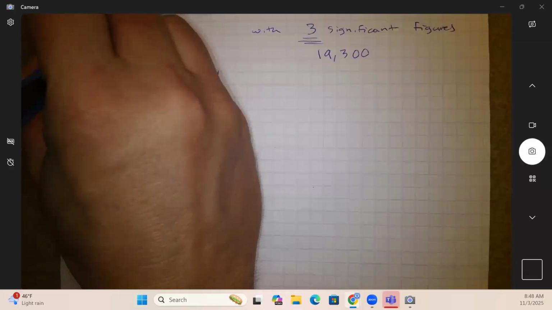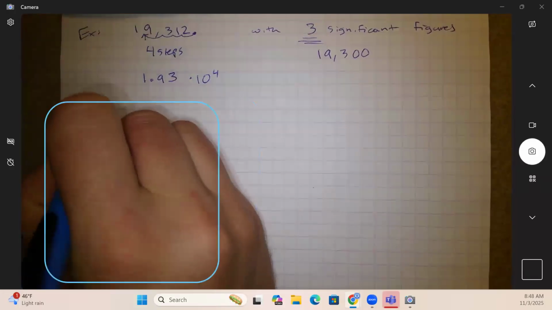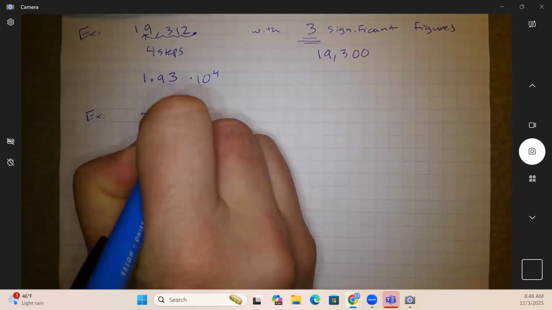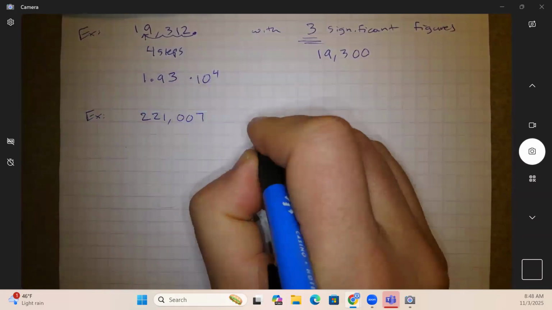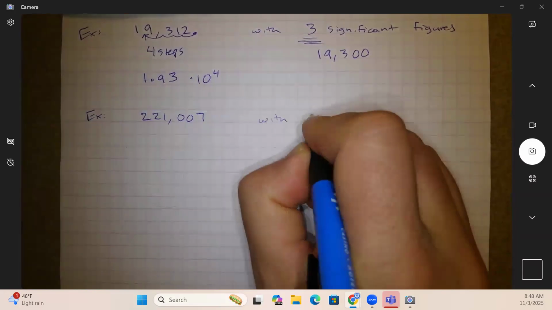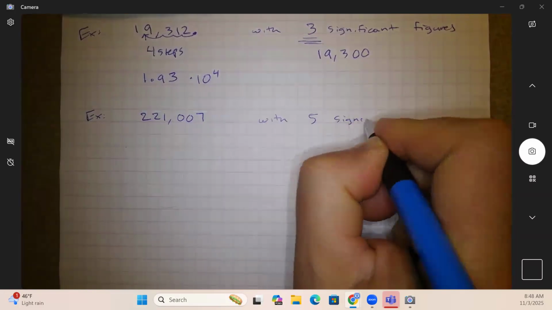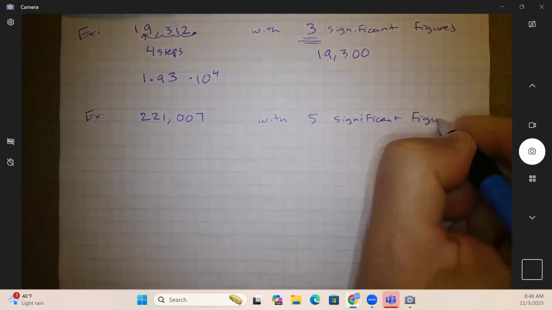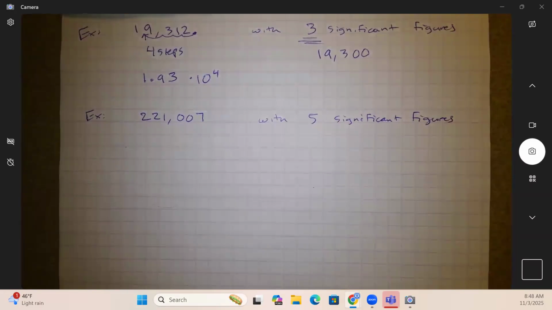Let's do another example. Let's do, let's see, 221,007 with 5 significant figures. This one's going to be a little different.